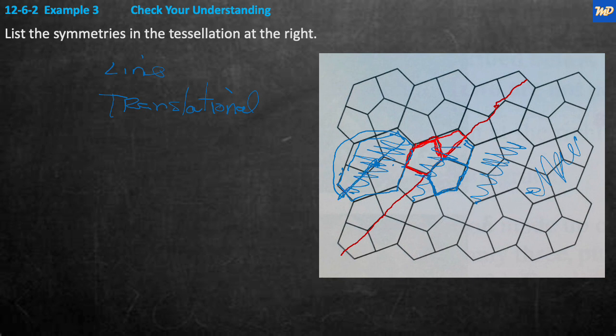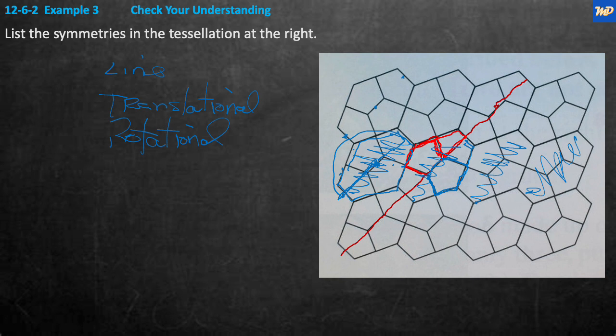This point comes over here to become this point. The center right here ends up at the center over here when you rotate it around this point. So it's rotational symmetry.